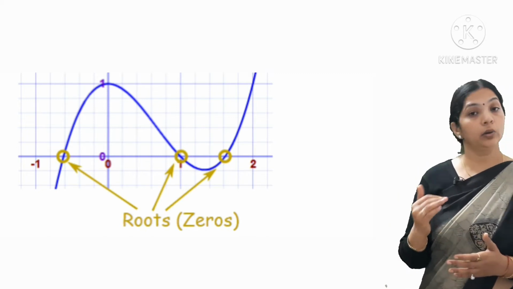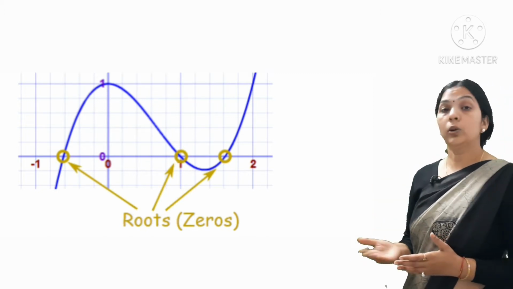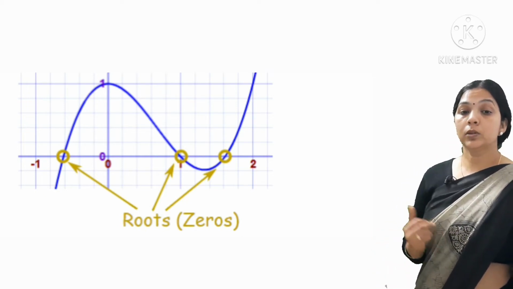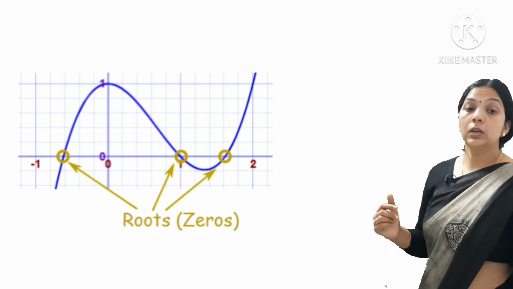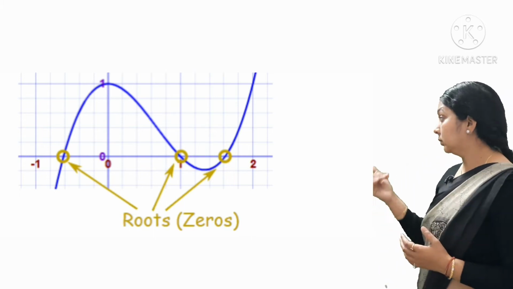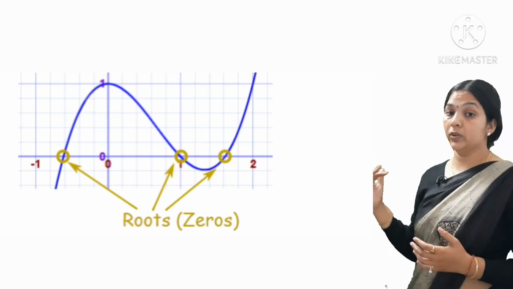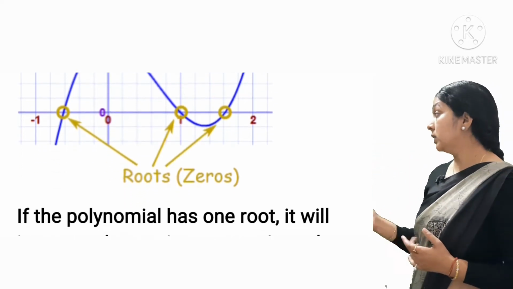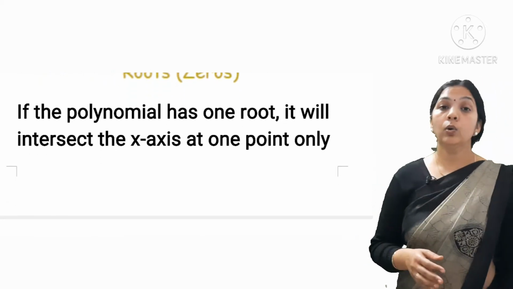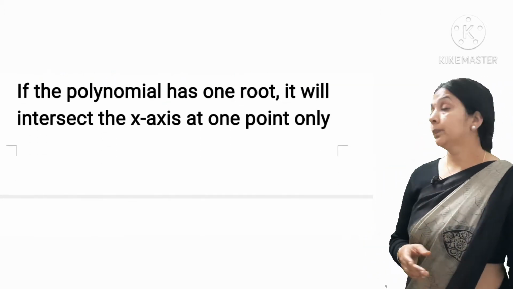It means that the polynomial is a cubic polynomial. So now, if the polynomial has one root, it will intersect the x-axis once. If it's quadratic, then it will intersect twice. If it is cubic, then it will intersect thrice. So this is how the intercept is cut on this.